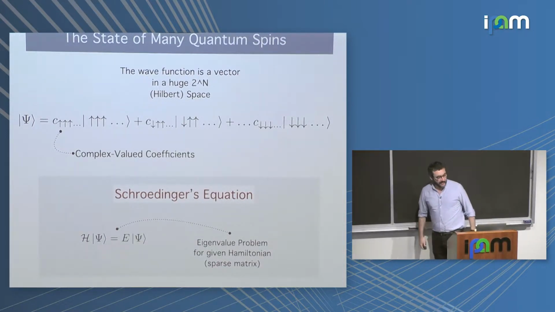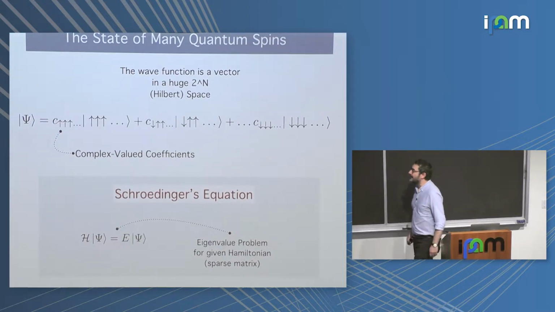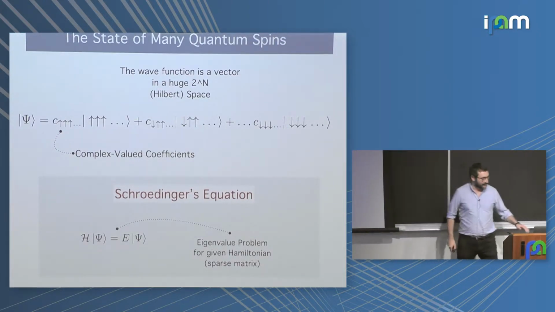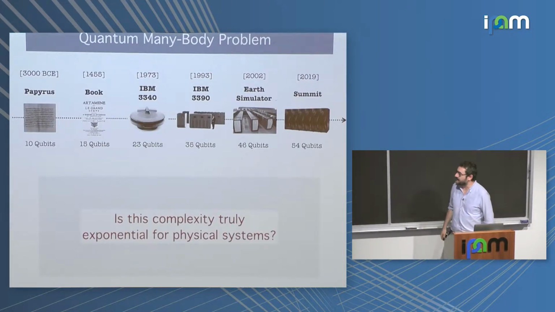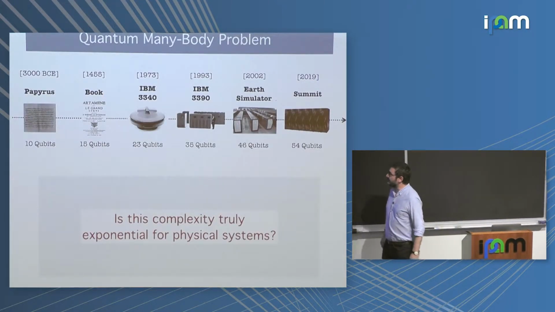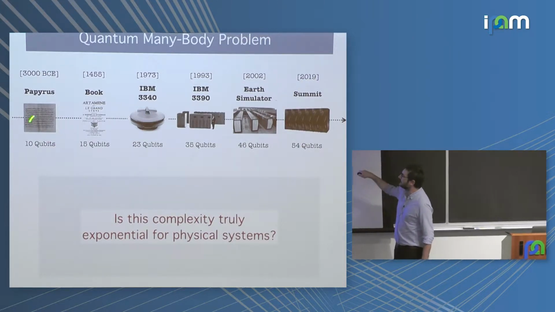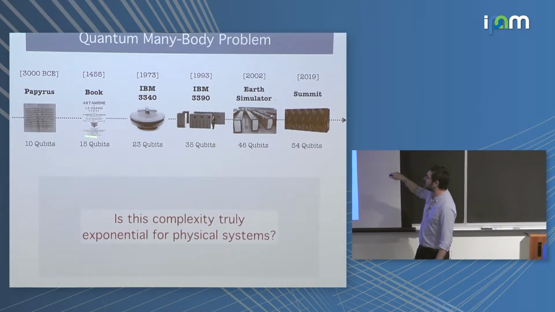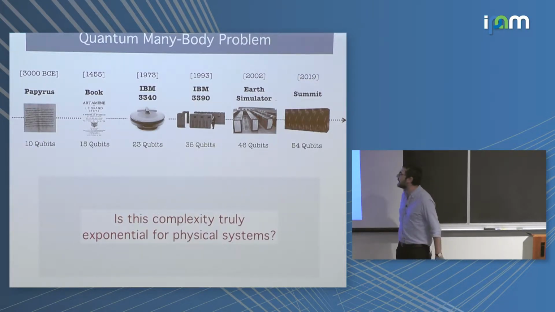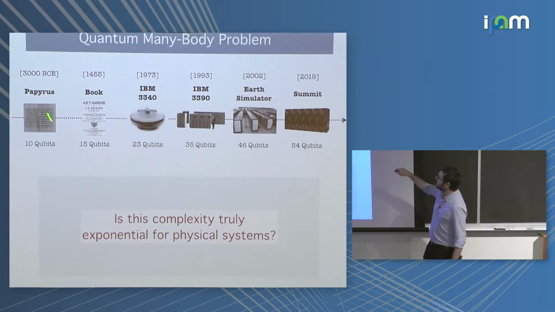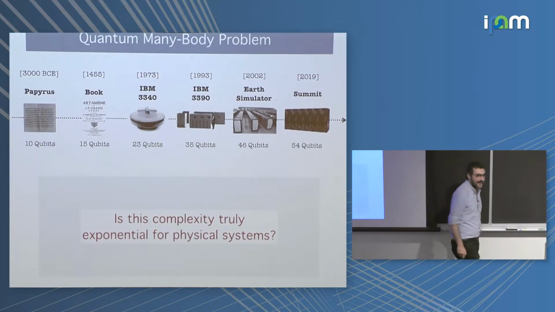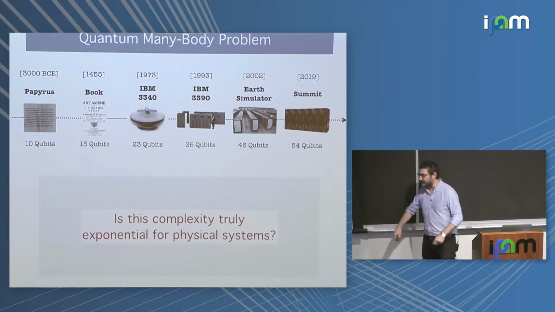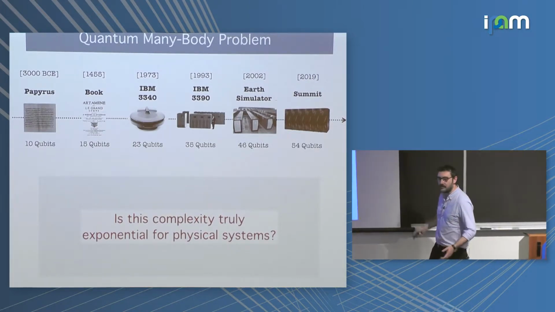And as was already pointed out this morning, the problem is that if we don't make any approximation and we just want to store this object, the way that I like to describe this is that if we consider during the whole history of humanity how many qubits we could store using the best storage technology that we have, in 5,000 years, starting from the Egyptians, we have managed to go from the 10 qubits that you can write down on a piece of paper, basically all the coefficients that you can write on a piece of paper, to what you can store in the largest supercomputer these days.